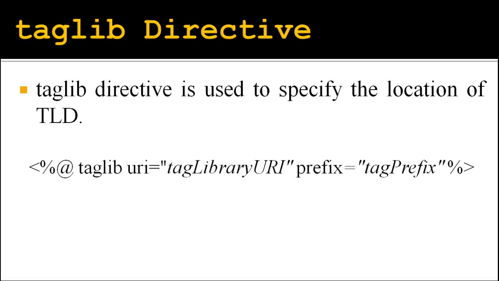Coming to the third directive element, the taglib directive, which is used to specify the location of the TLD, which stands for tag library descriptor, an XML document that describes the individual tags in the library.